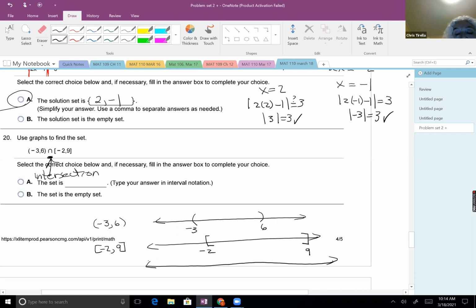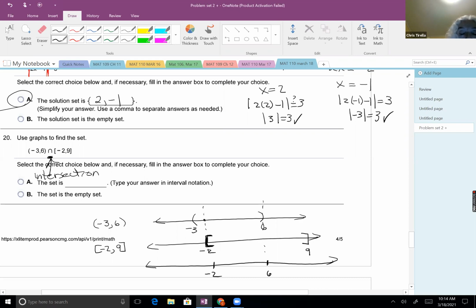When I look for the intersection, I look for where they overlap. And so what they both have in common are the values from -2 to 6. Here, because I've got a squared bracket, I'm including the -2.